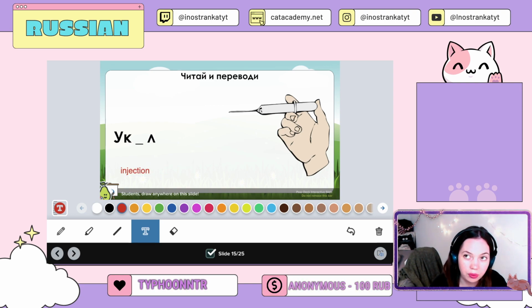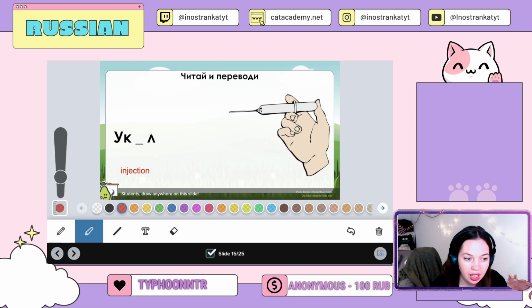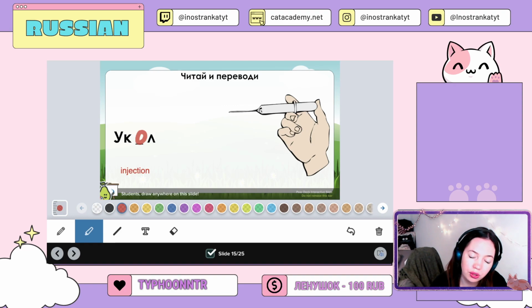We can say in Russian инъекция, injection, but the more common word will be укол. So when you're a child and you go to hospital and you need to have your average shots with some, how do you call those?